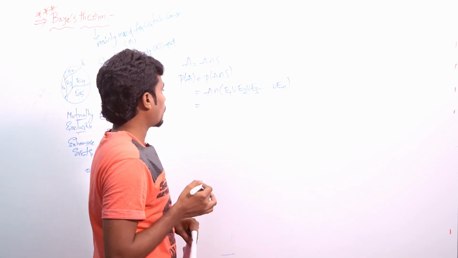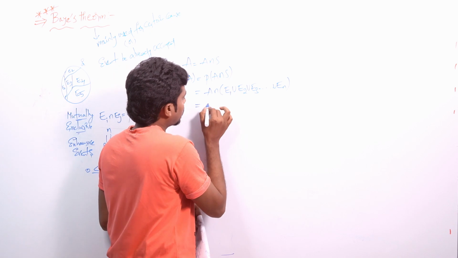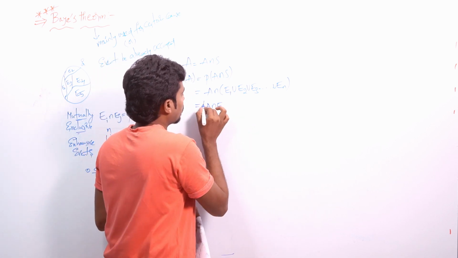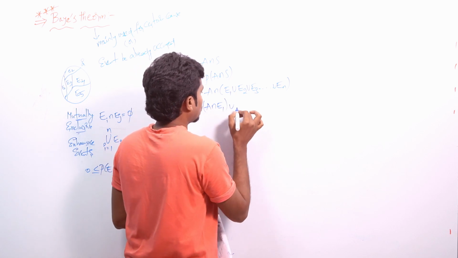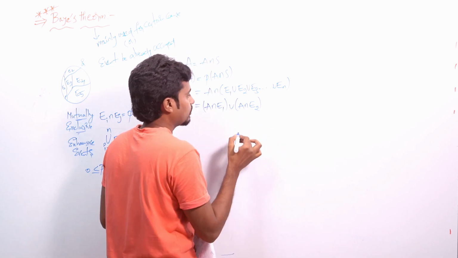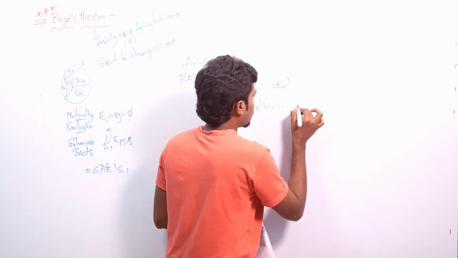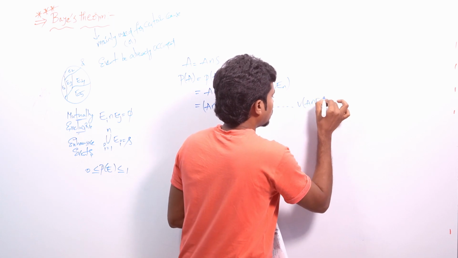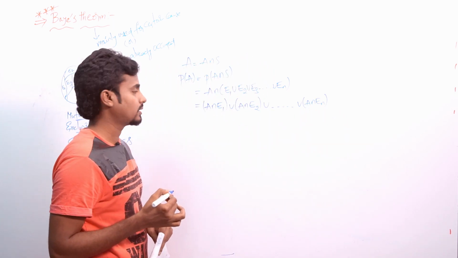If you apply the distributive law, this will be A intersection E1 union A intersection E2 union up to so on union A intersection En.